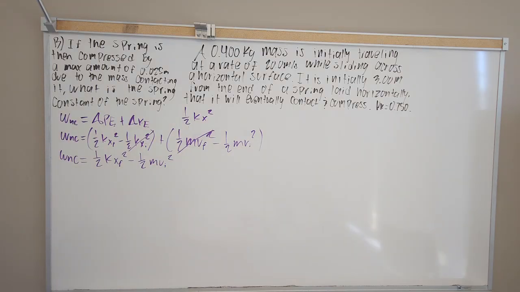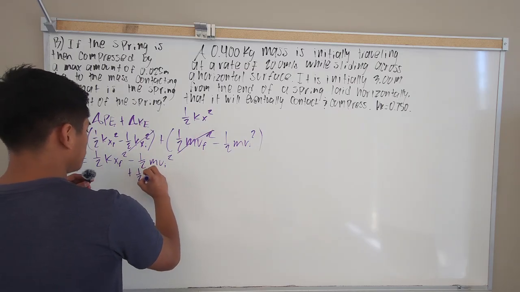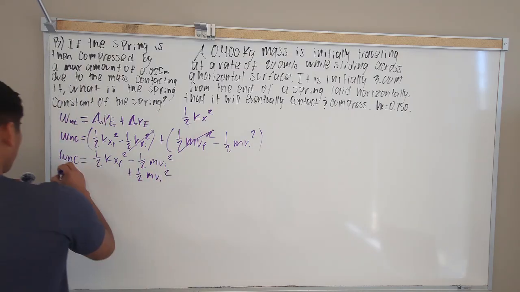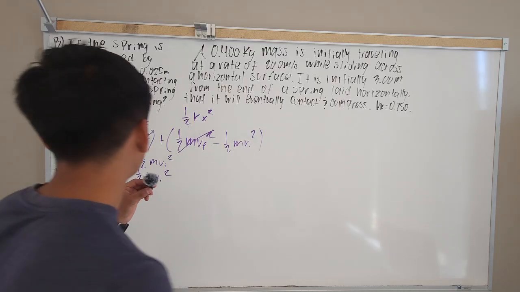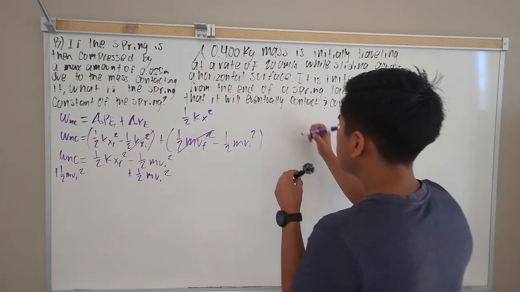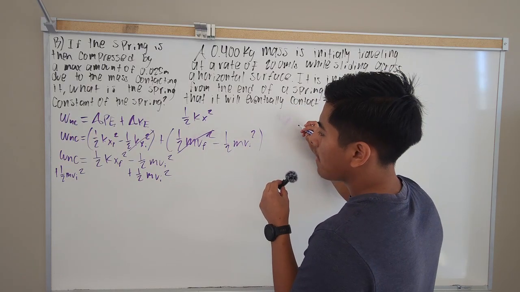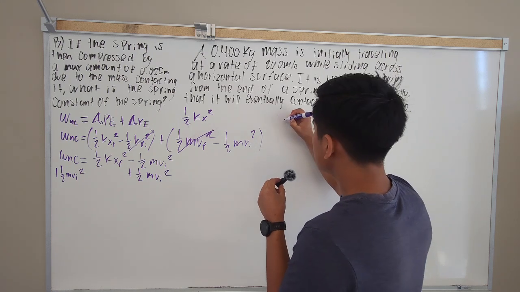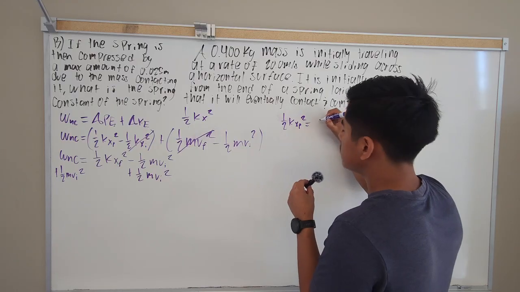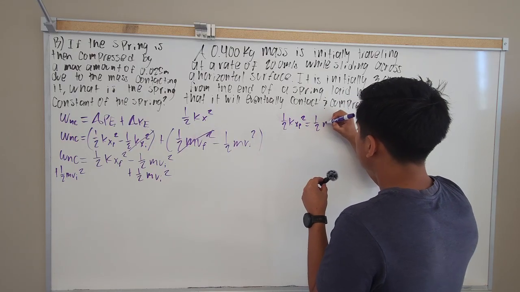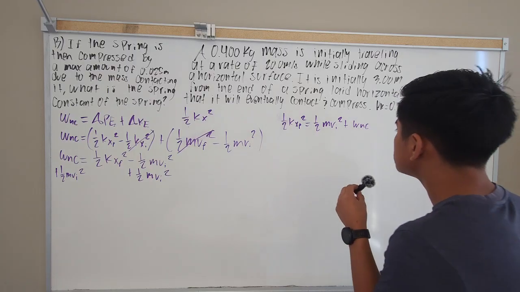Now we could go ahead and isolate for k. So we'll add this to both sides. And we will have that 1/2 kx final squared is equal to 1/2 mv initial squared plus the work done by the non-conservative forces.